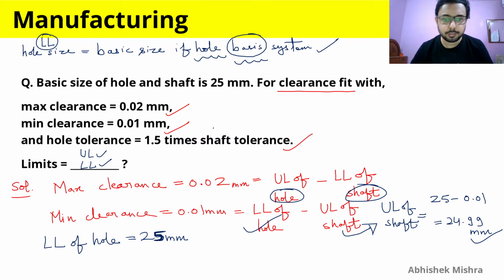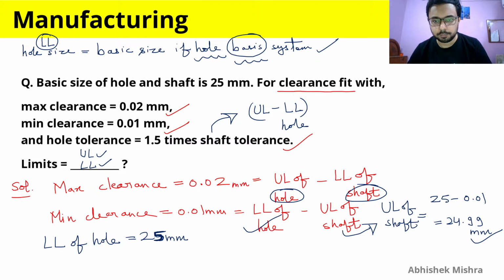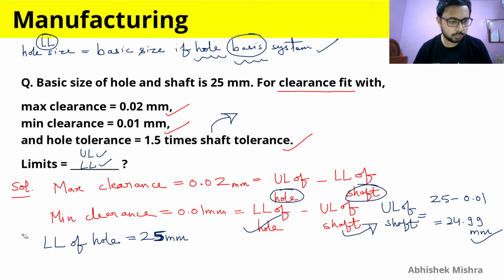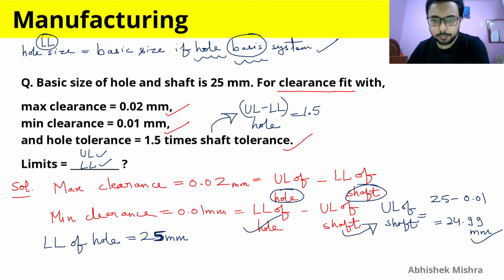This means that upper limit minus lower limit of hole is equal to 1.5 times upper limit minus lower limit of shaft.